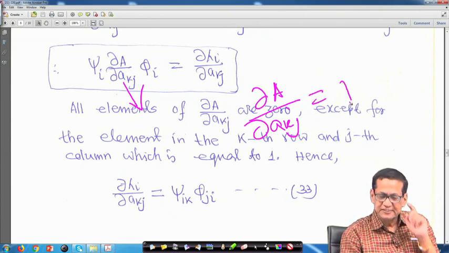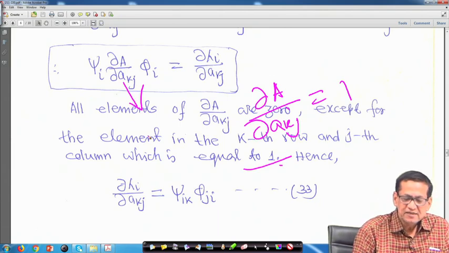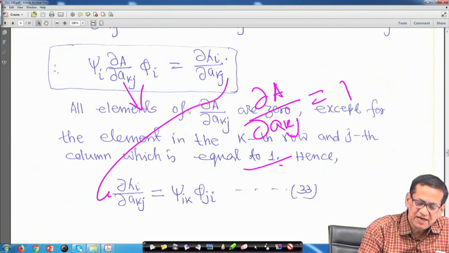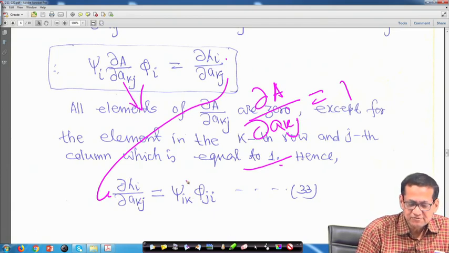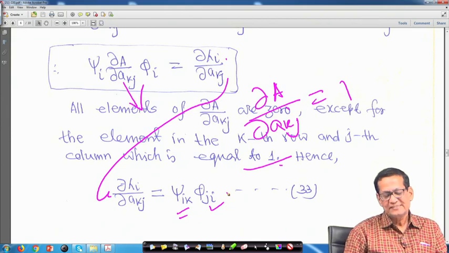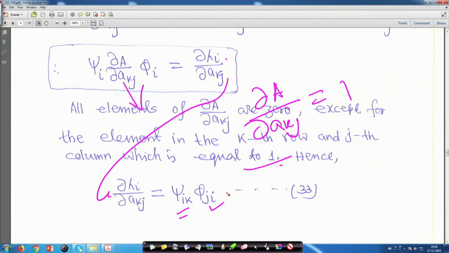If that is so, then my ∂λ_i/∂A_kj is equal to ψ_ik φ_ji, because of the kth row and jth column. So, instead of writing all of ψ_i φ_i, we will write only ψ_ik and φ_ji. That is why ψ_ik φ_ji, this is equation 33.